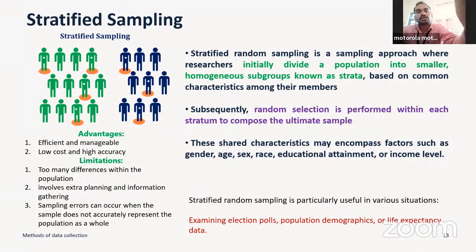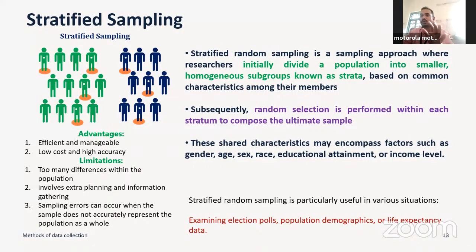Next is stratified random sampling. In stratified sampling, we need to divide our whole population into small homogeneous subgroups. We call these strata.